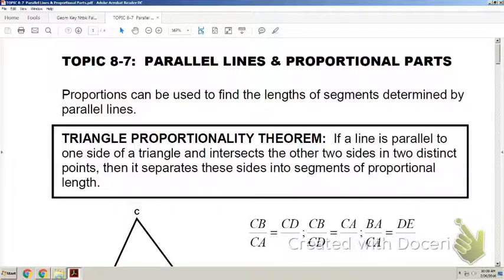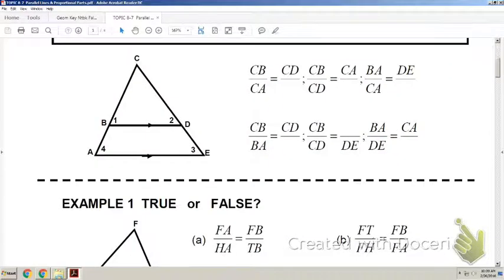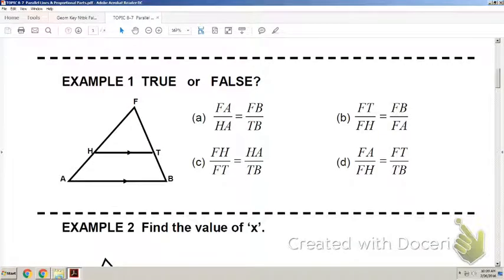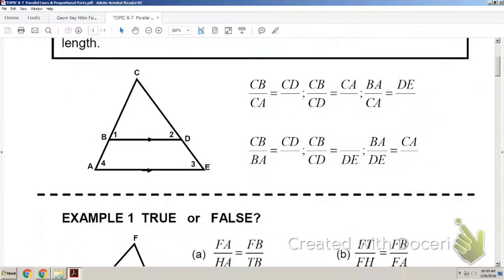So first, let's look at this first example. So if we start with CB, and I'll highlight this as we go to show you what ways you can set up your proportion.